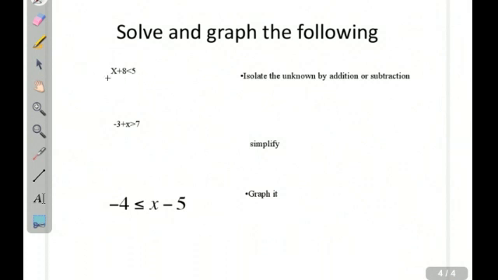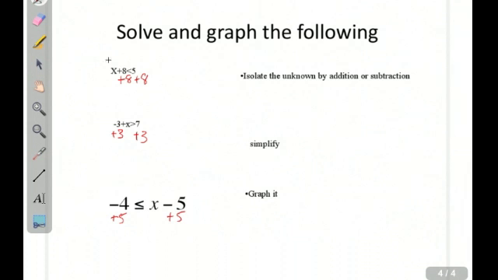So we're going to do the same process. I'm just going to go ahead and illustrate what I would do for each item. I'm going to add 8 to both sides. I'm going to add 3 to this one. And finally, I'm going to add 5 to this one.